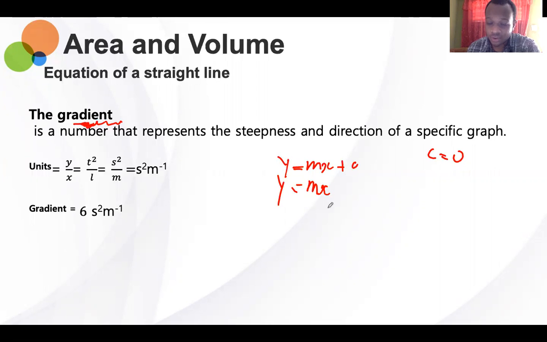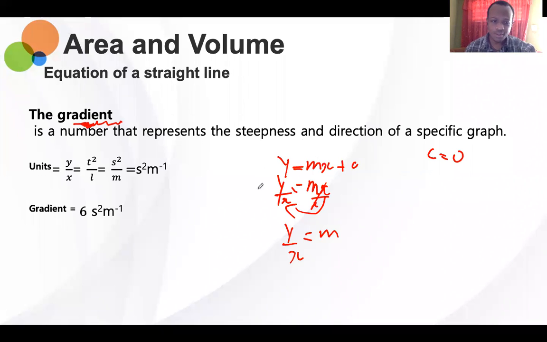Right, perfect. But how exactly would you do that? You divide both sides by x. So if we divide this side by x and this side by x, these x's are going to cancel. So we're going to be left with y over x equal m, right?